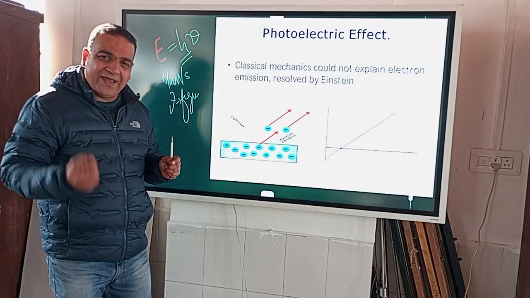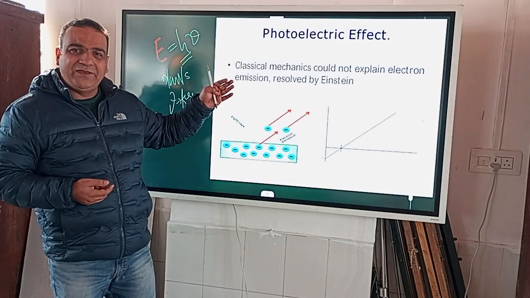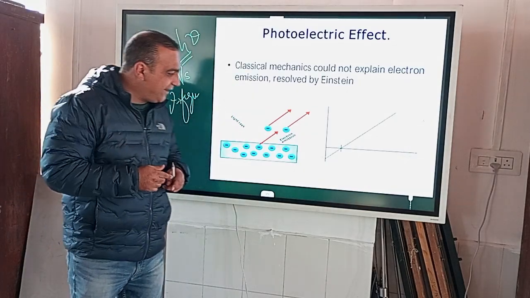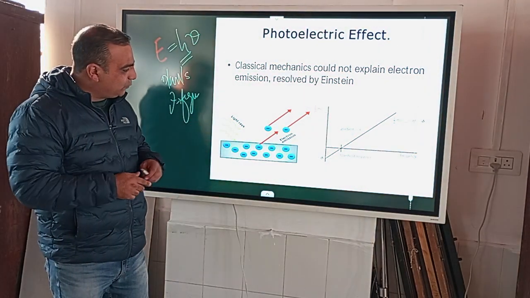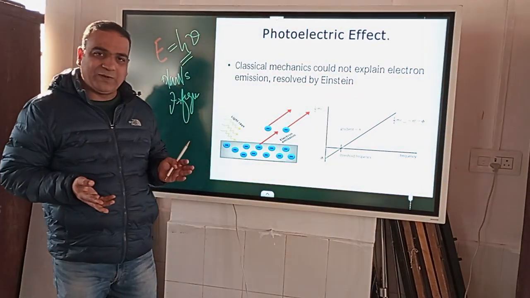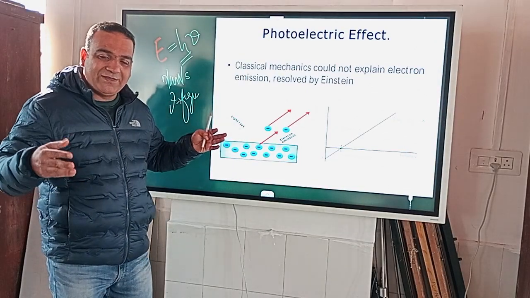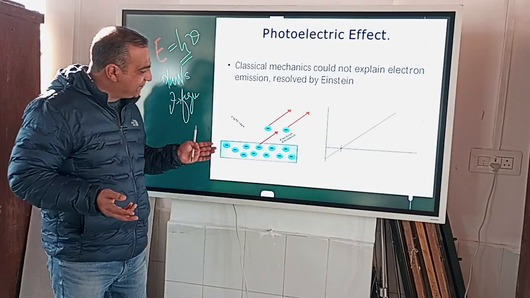It will not be enough energy for it to leave the potential barrier of this metal and then have some kinetic energy. So this is one argument that completely fails to explain why there is an electron emission from this metal at all.